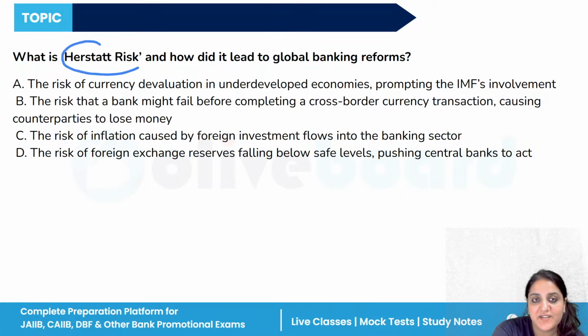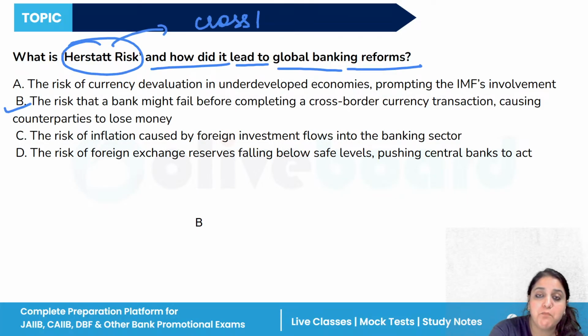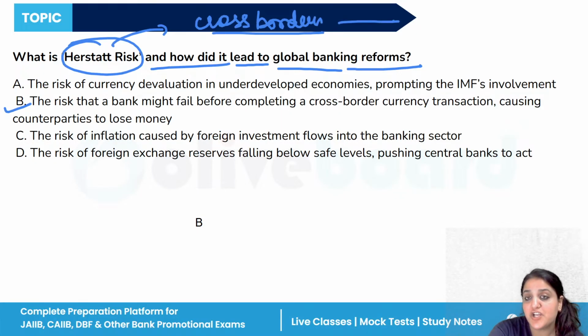What is Herstatt risk and how did it lead to global banking reforms? The correct answer to this question is option B. Basically, this bank fails while completing a cross border currency transaction, due to which counterparties lose money.